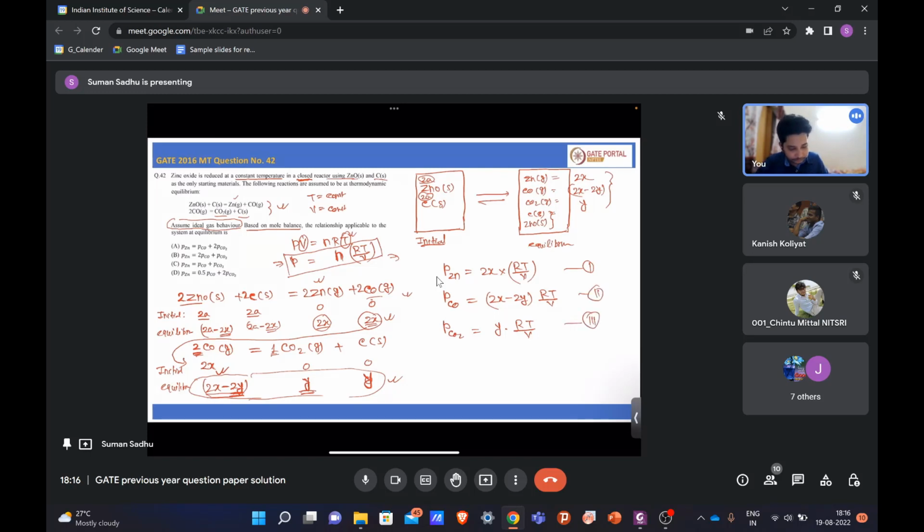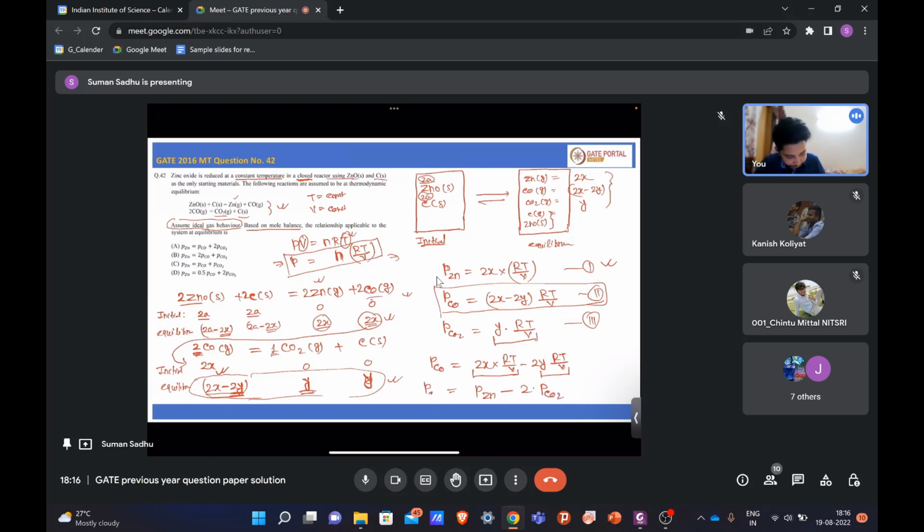Now you can see that if I take equation 2, we can write that PCO is equal to 2x into RT by V minus 2y into RT by V, right? What is 2x into RT by V? It is nothing but PZn, minus 2 into y into RT by V. What is y into RT by V? y into RT by V is nothing but P of CO2.